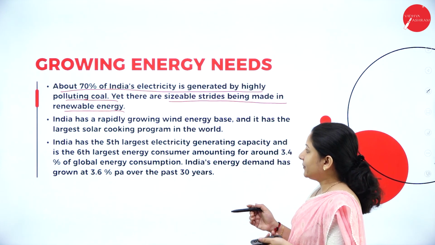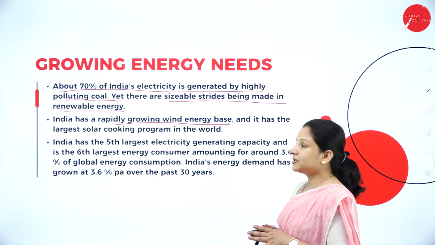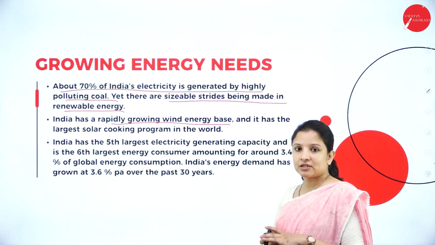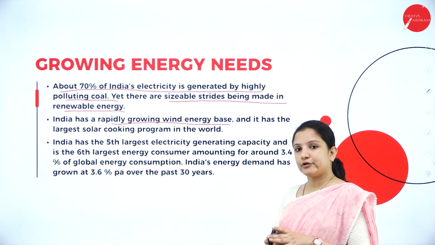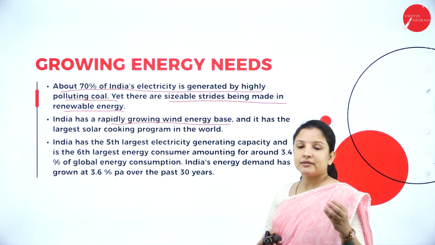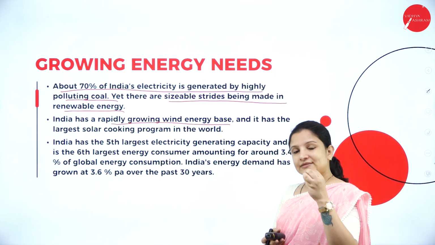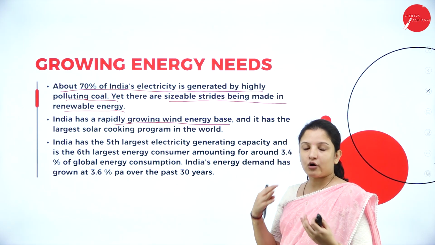India is rapidly growing its wind energy base. We are in the tropics, and the tropics receive enough wind, because the equator receives more heat, but the tropical region receives less heat, still enough for proper wind flow or air flow.